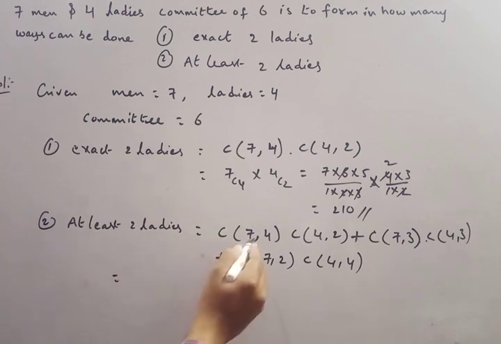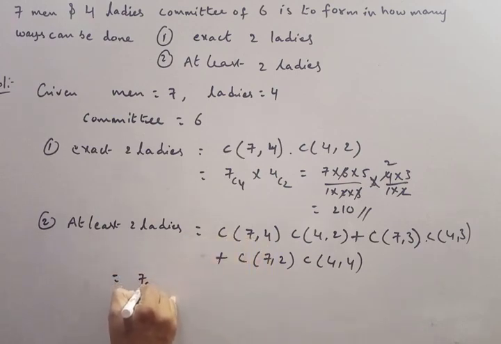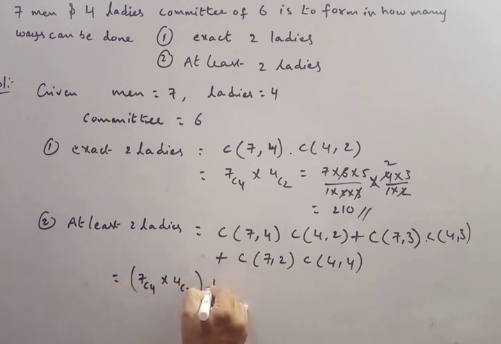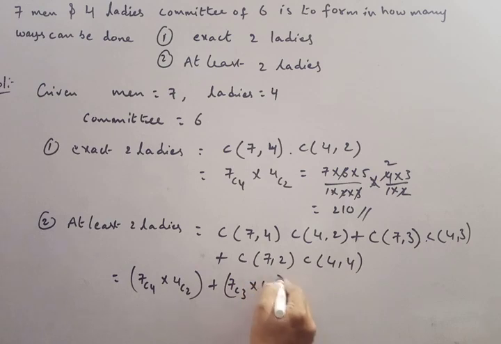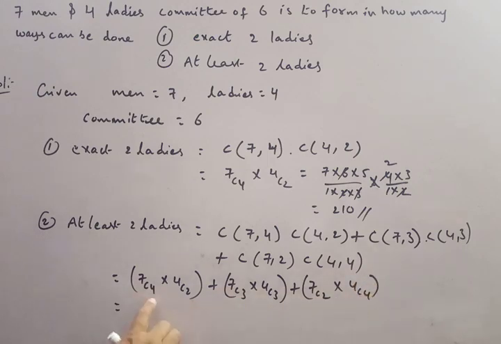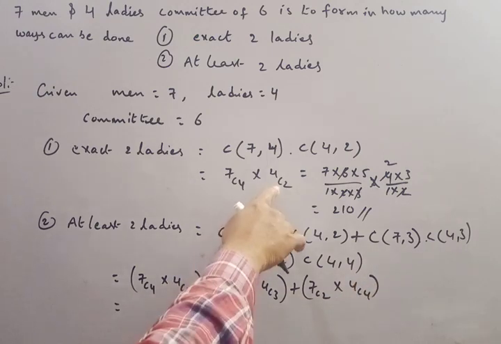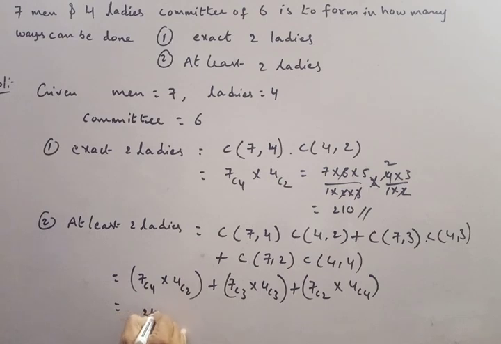So therefore 7C4 into 4C2 plus 7C3 into 4C3 plus 7C2 into 4C4. So 7C4 into 4C2 we already calculated here. It is how much? 210.